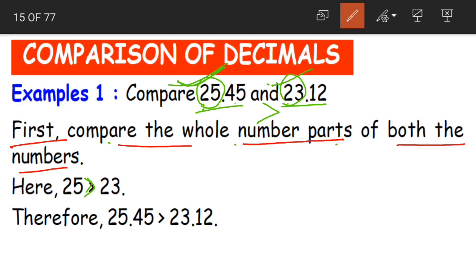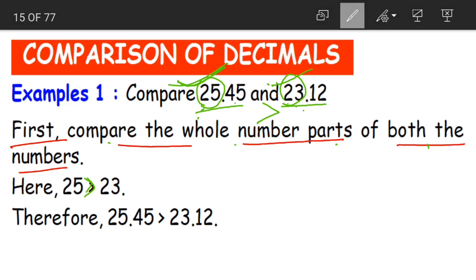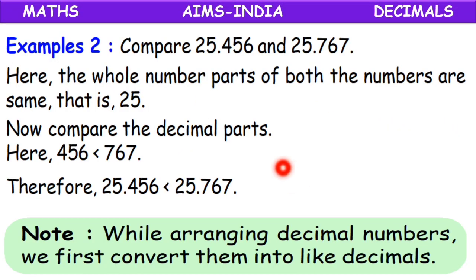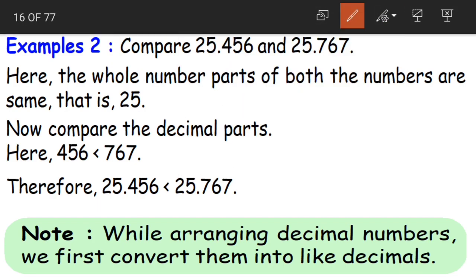First compare the whole number parts. The decimal number with the greater whole number part becomes the greater decimal. Now what if we have two decimal numbers with the same whole number parts? Yes, see 25.456 and 25.767.